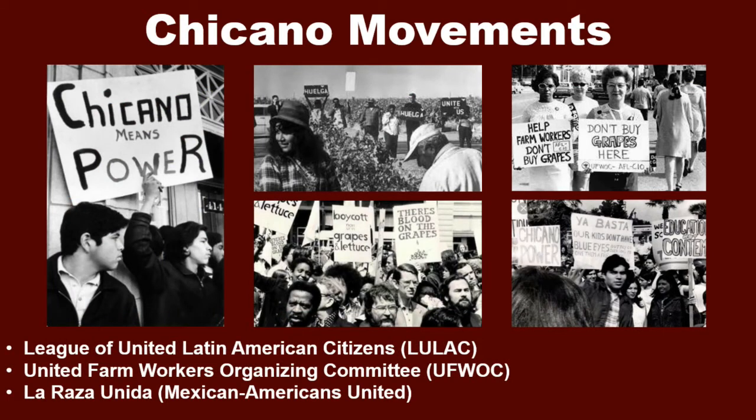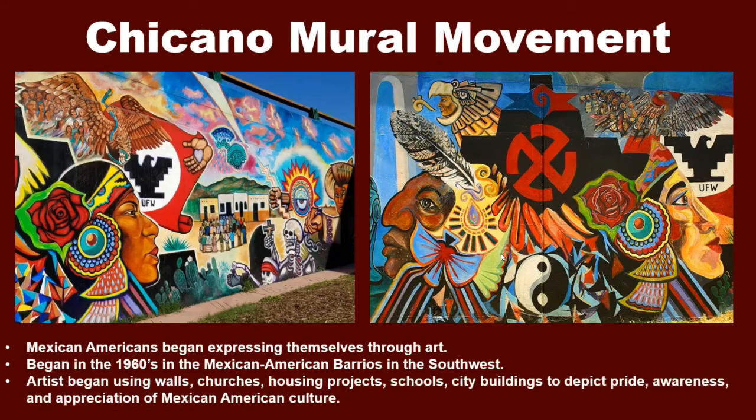So we have three groups specifically. We have LULAC, the League of United Latin American Citizens. We have the United Farm Workers Organizing Committee, or just United Farm Workers, UFW. And then La Raza Unida. So these are going to be the groups that are fighting for Chicano rights.